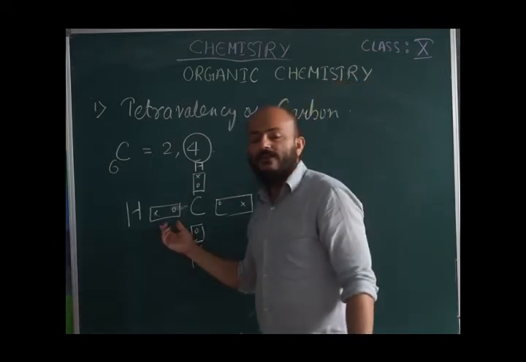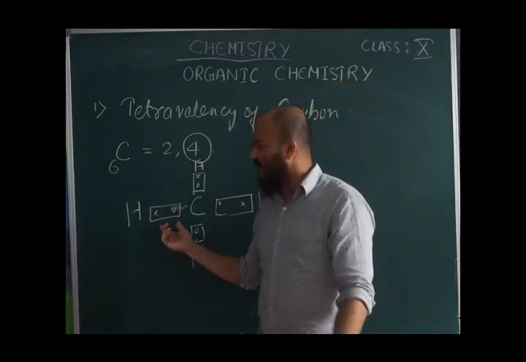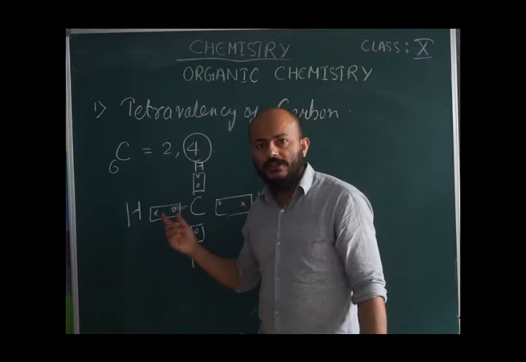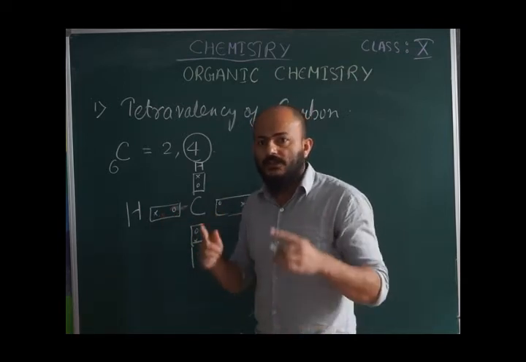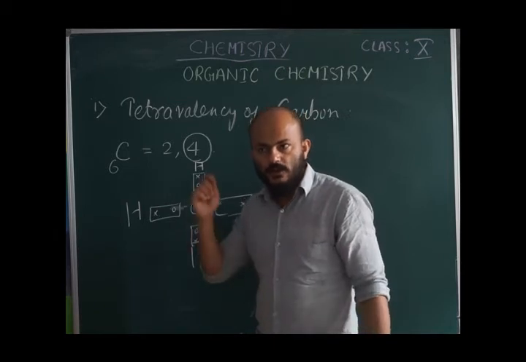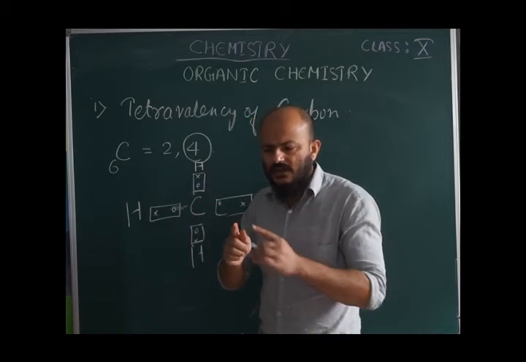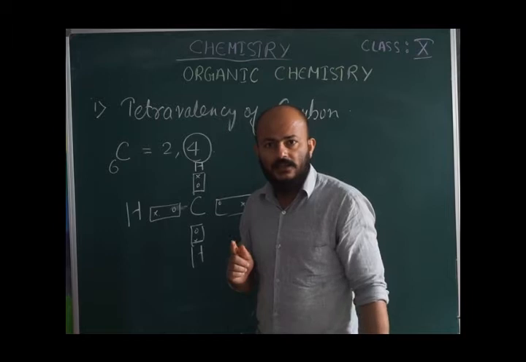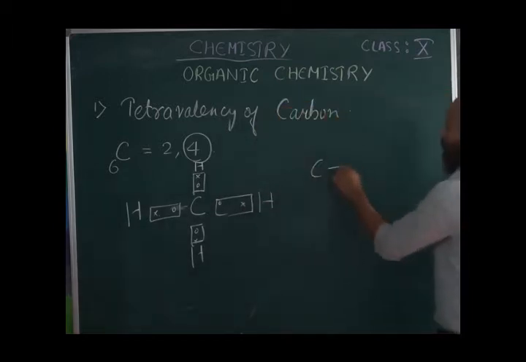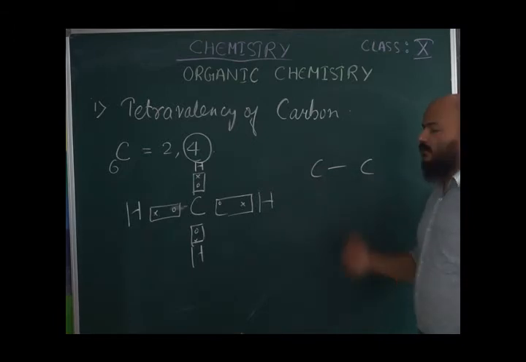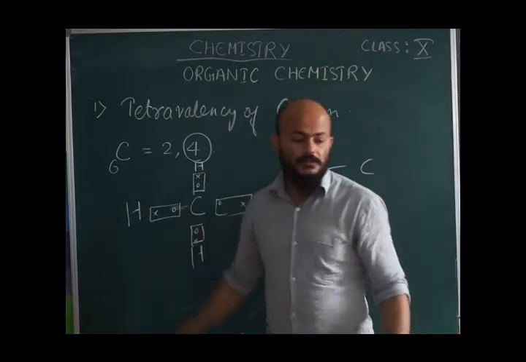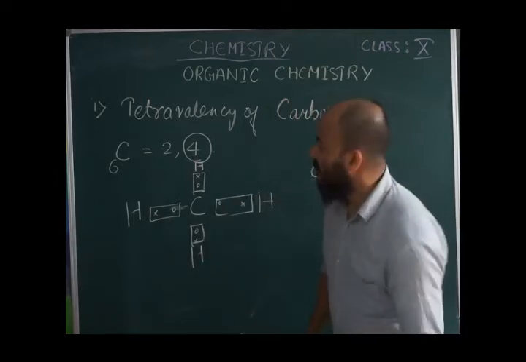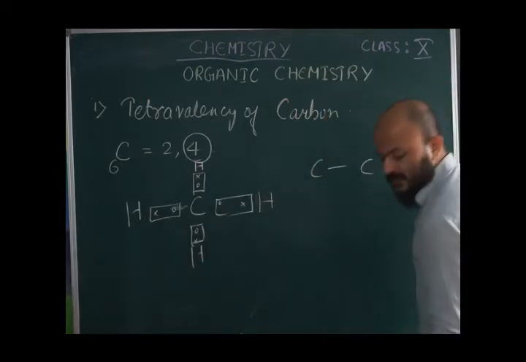One more point I would like to emphasize is, for the formation of a covalent bond, the electronegativity difference between the combining atoms has to be almost equal or only a slight difference. Therefore, carbon and carbon can form bonds with each other, and this property is discussed in the next point, that is catenation.